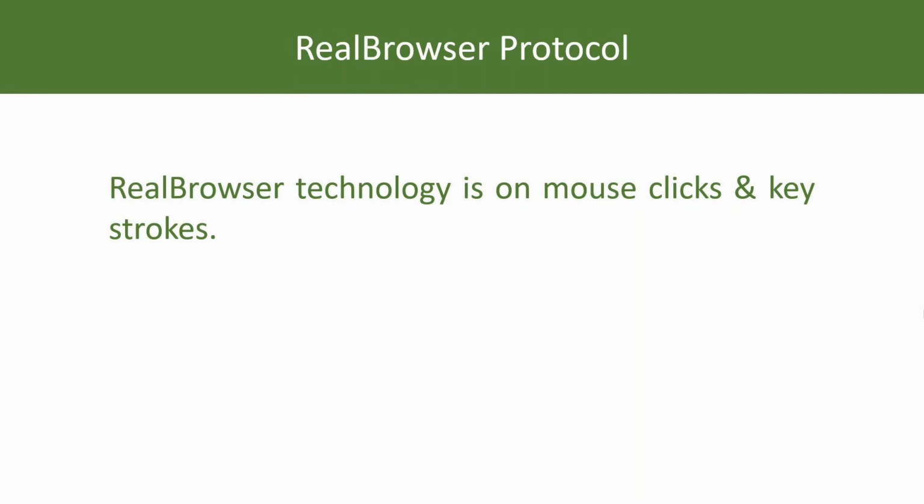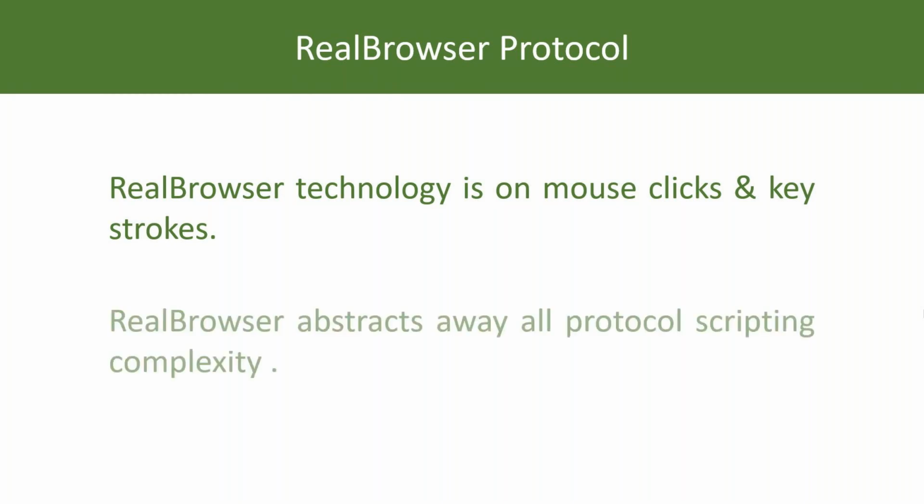Has anybody worked on TrueClient web on LoadRunner? Yes, I have experience. So real browser is very similar to it. I'll come back to why real browser. Real browser abstracts away all the protocol scripting complexity. So what is this protocol scripting complexity?